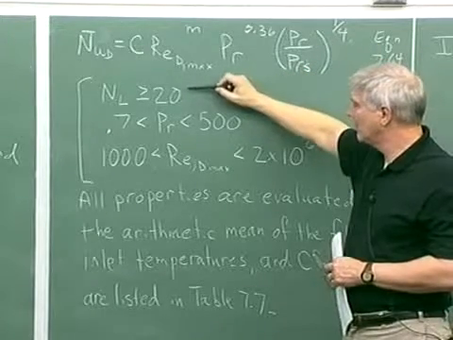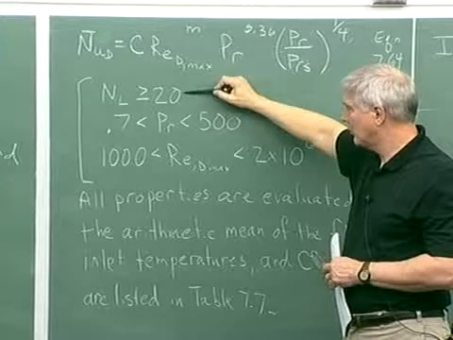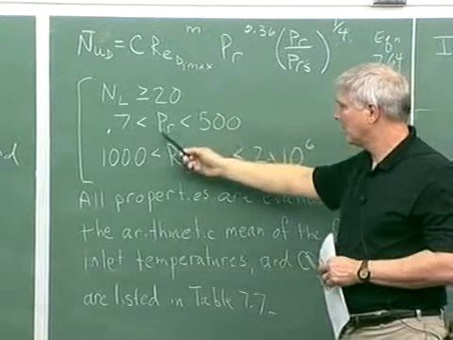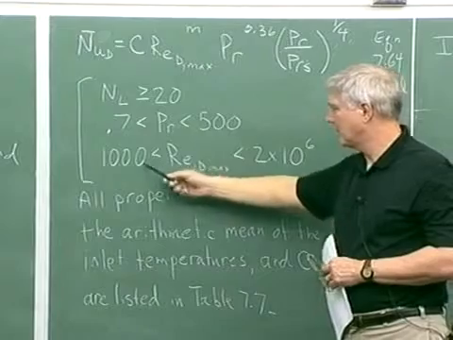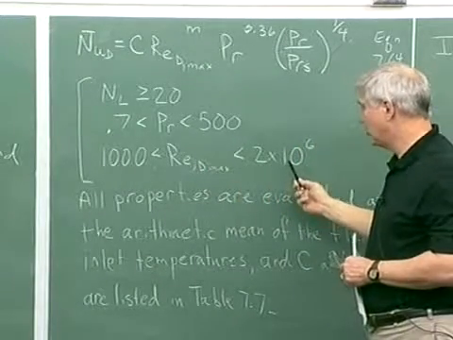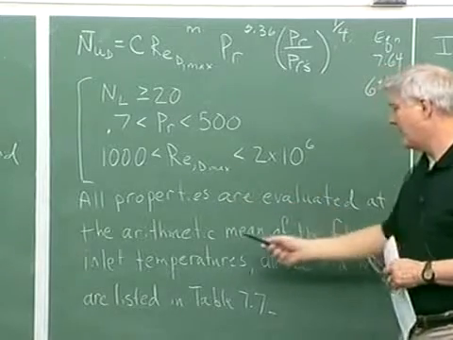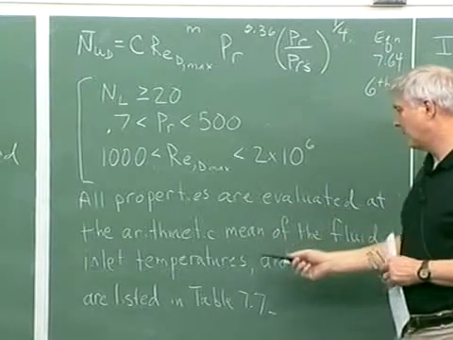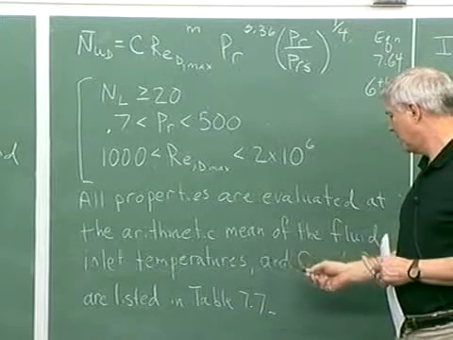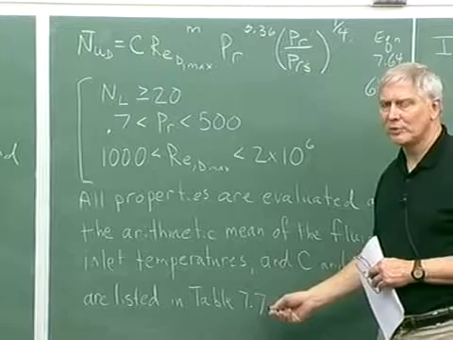And then we have the conditions: the number of rows has to be greater than or equal to 20, Prandtl number between 0.7 and 500, and the Reynolds number we can drop all the way down to 1,000 and go out to 2 million. Now for this one, all the properties are evaluated at the arithmetic mean of the fluid inlet and outlet temperatures, and C and m are listed in table 7.7 in the 6th edition.